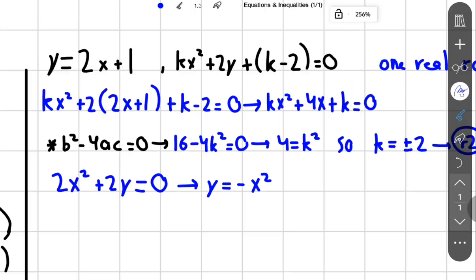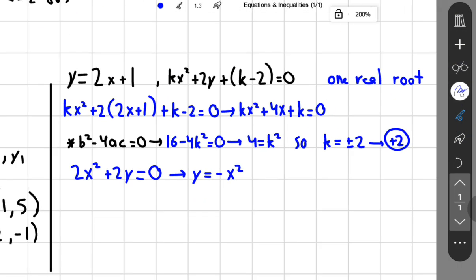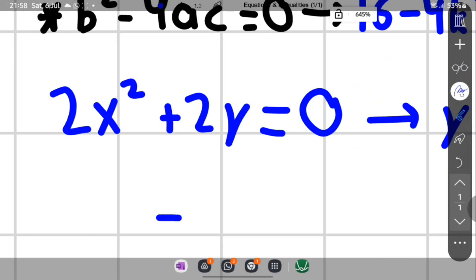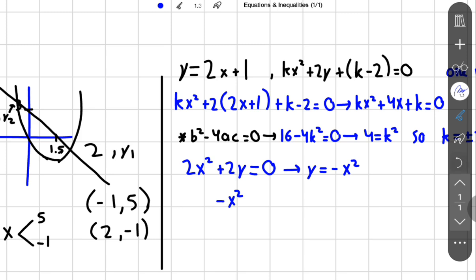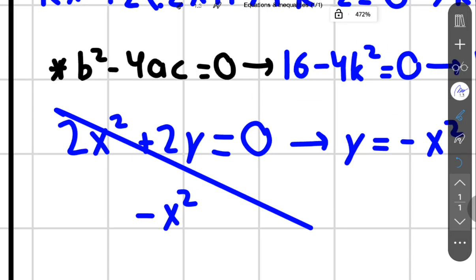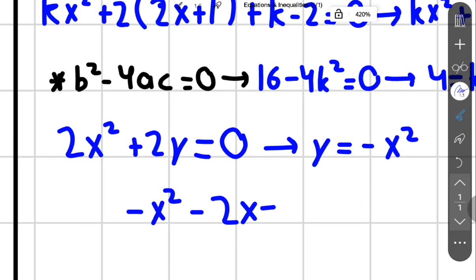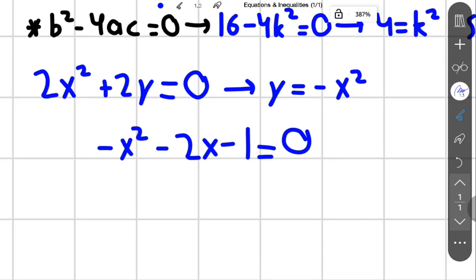And now that we have both expressions with y as the subject, we could equate them together. So we have negative x squared, and we could just multiply this whole term by negative 1. So it would be negative 2x minus 1 equals 0. So we can just find the points of intersection for this.